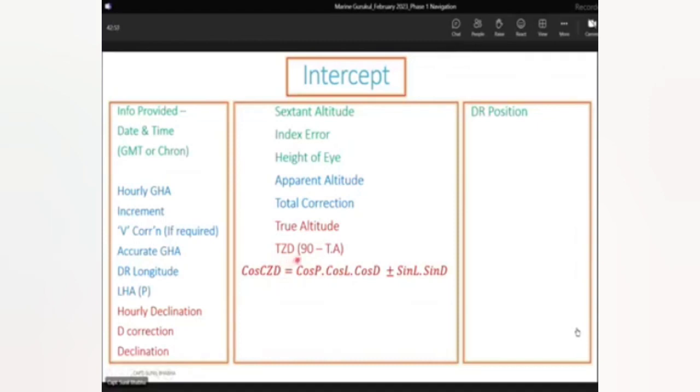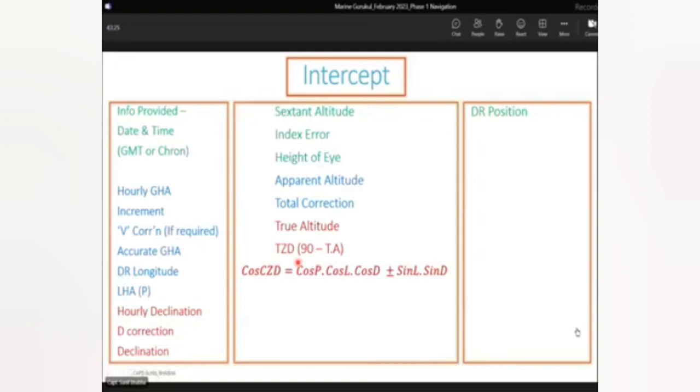The true zenith distance is what is obtained from the true altitude, which is obtained from a sight, from an observation which you have taken yourself. Why is it called true zenith distance? Because there is no scope of any error or inaccuracy in that zenith distance.